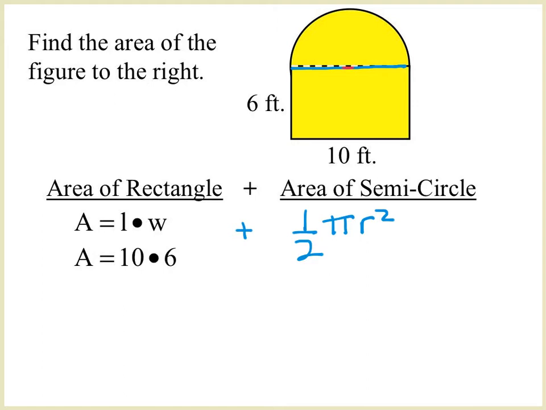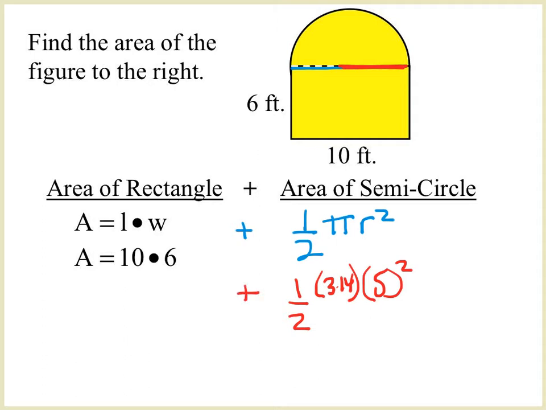Just the radius. If the whole thing is 10, then half of it will be 5. So I'm substituting in 5 squared. For pi, I'm going to use 22/7. I just like to work with that better, or you can do 3.14, whatever is easier for you, because here there's no advantage to either. And then I'm going to be multiplying by 1/2, or dividing the whole thing by 2.